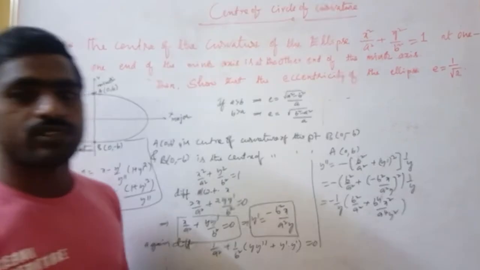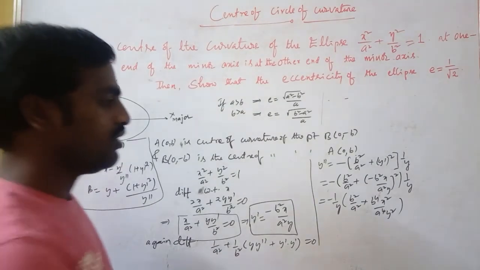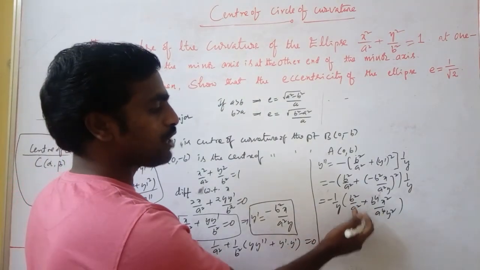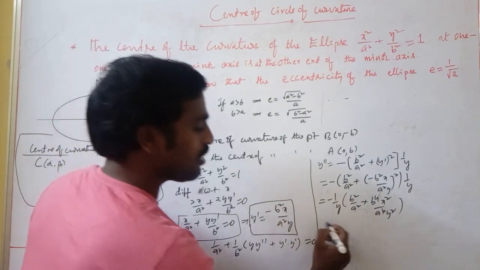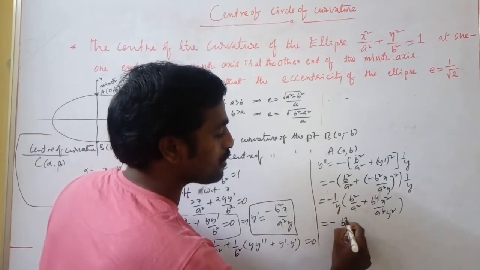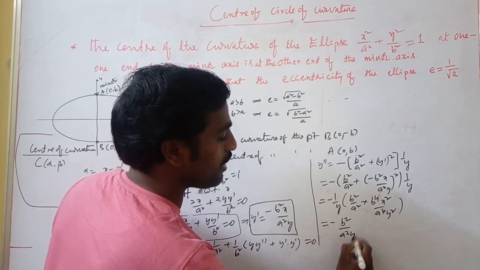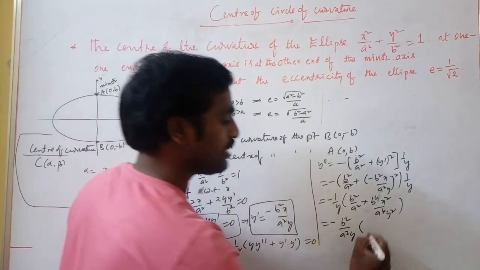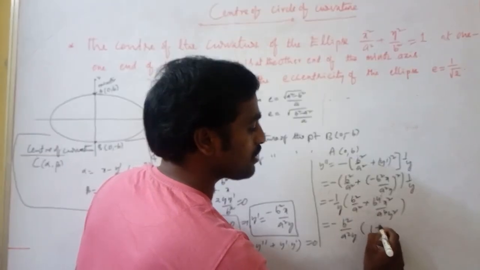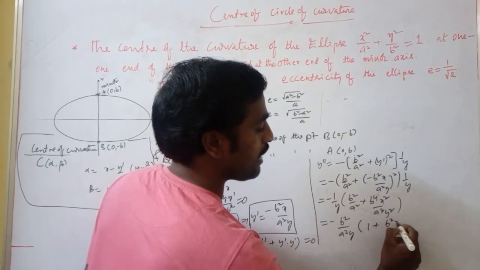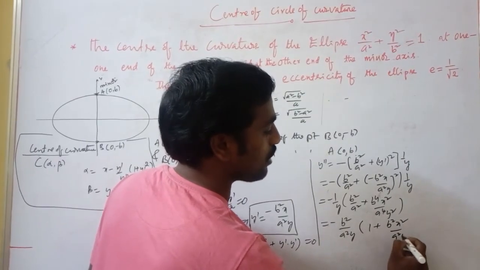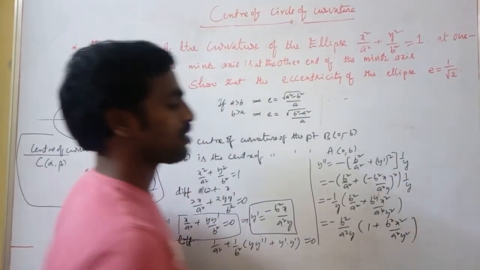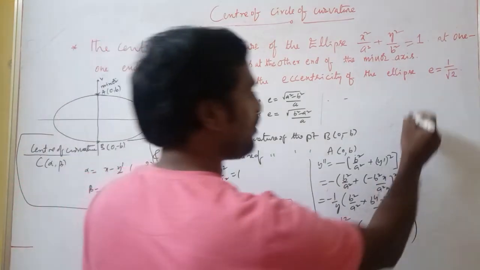Now b square by a square is common, so that value is minus b square by a square y into (1 plus b square x square by a square y square). Again you should simplify that.